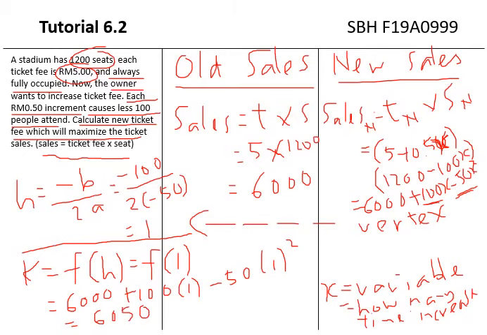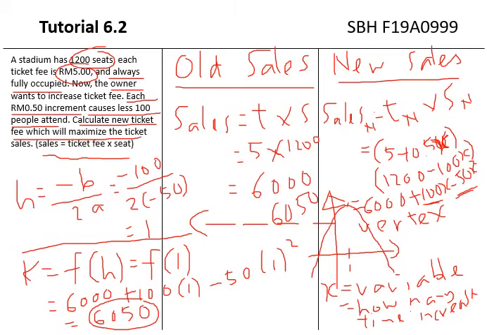So when we plug into the graph here, okay, sorry for the too occupied with so many things here. So we found that the maximum point equals to 6,050 ringgit when there is one increment here, 6050.